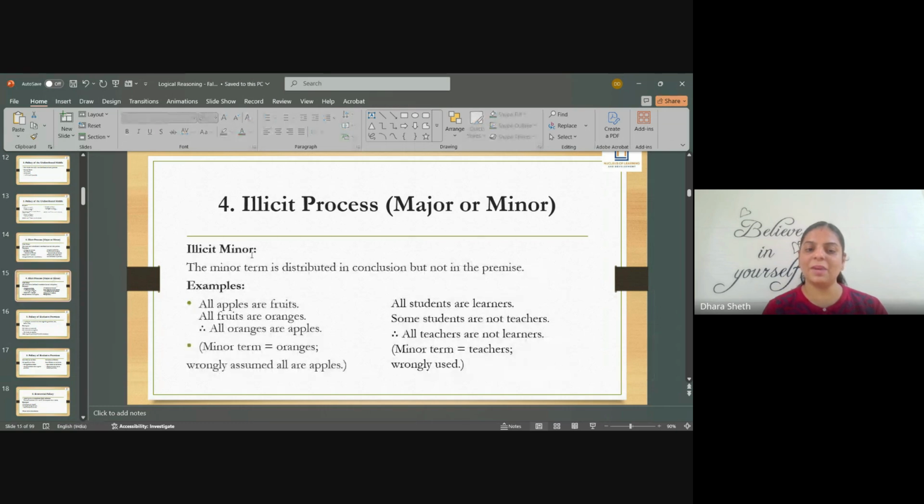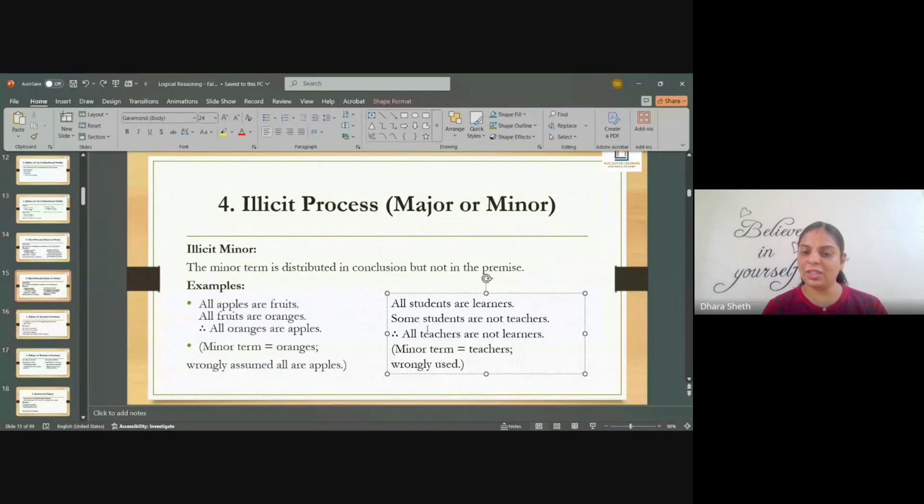Same. Illicit minor is when the minor term is distributed in the conclusion but not in the premise. All teachers are not learners. Okay. So, sorry, something happened. All teachers are not learners. So here, all teachers is distributed. Okay. But it is not distributed in this statement.